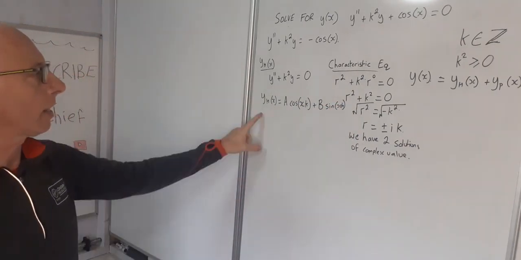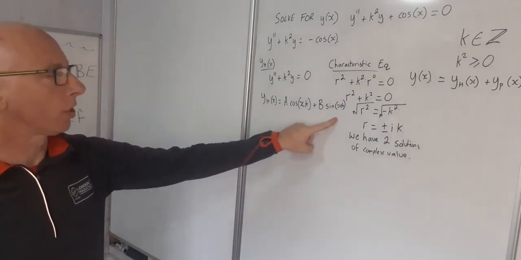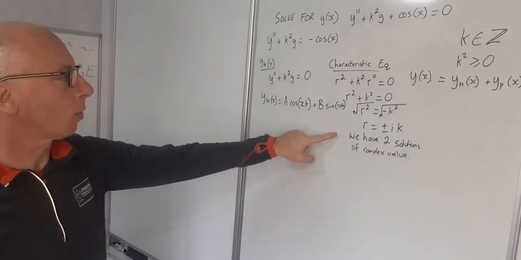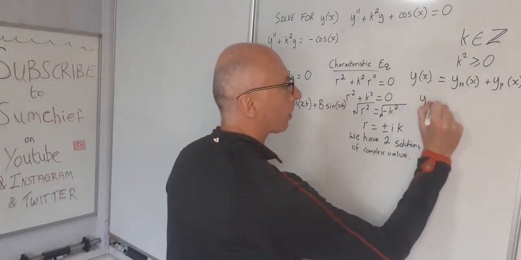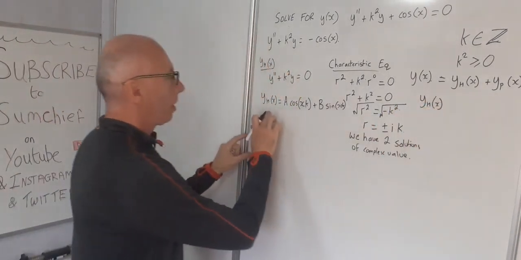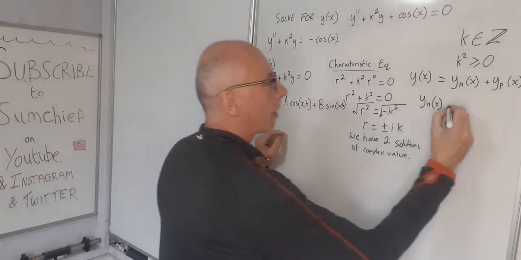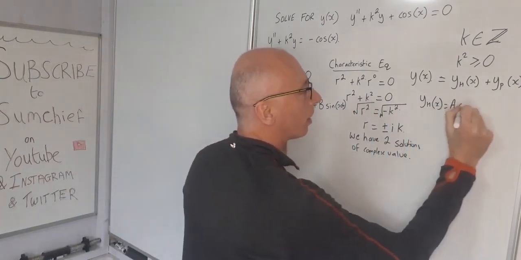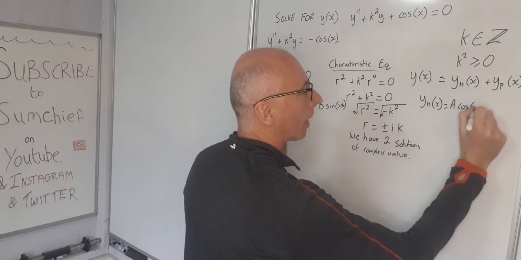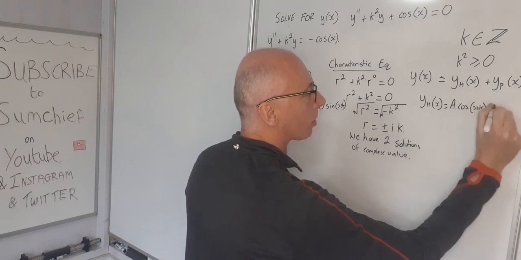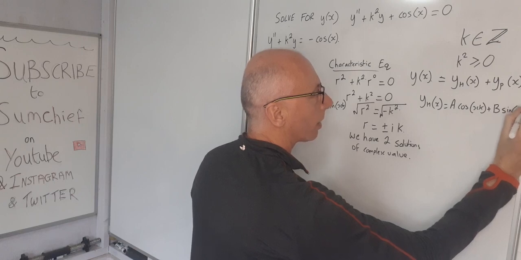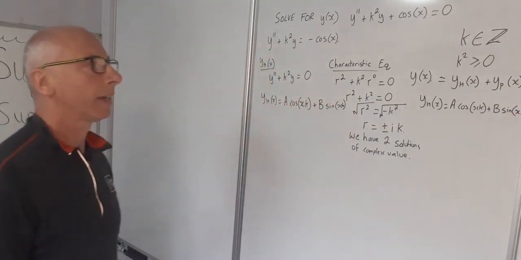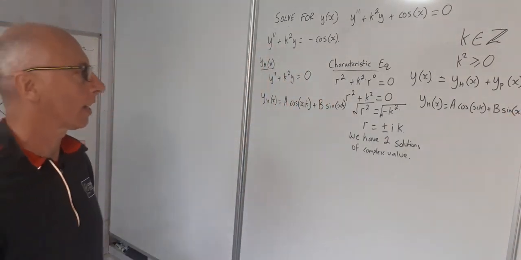Okay, so that's our homogeneous solution using the characteristic equation. So right here now, I'm going to put this on this side: a cosine of xk plus b sine of xk. Okay, that's our homogeneous solution taken care of.